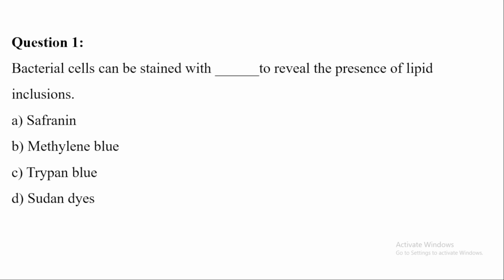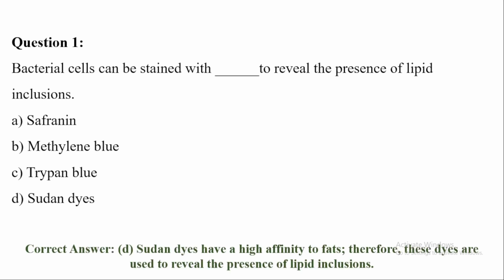So among the 4 options given, Sudan dyes are the ones that can interact with fats. So the correct answer for this question is Sudan dyes. Sudan dyes have a high affinity to fats, therefore these dyes are used to reveal the presence of lipid inclusions.